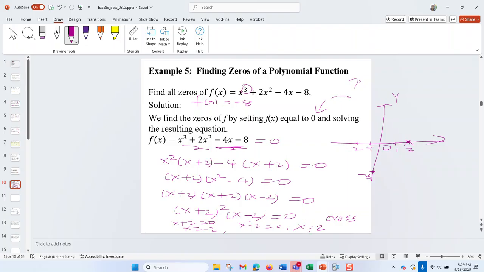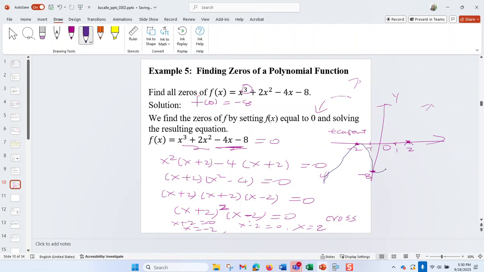So I know I have this one right here, right? And I know it is going this way, okay? So this point, since you have a square, is called tangent or touching. That means the graph is going to be something like that. The graph will come back to this point and then bounce back.